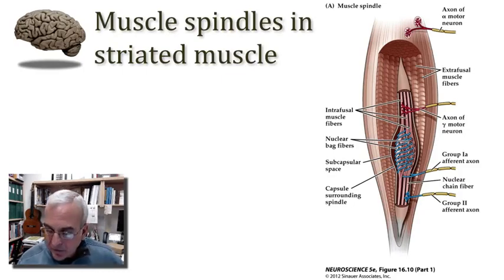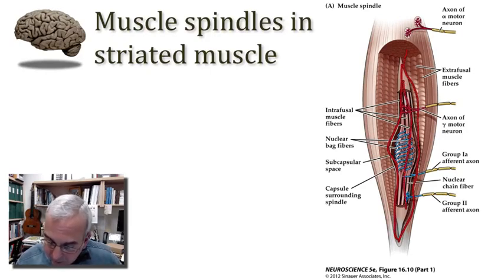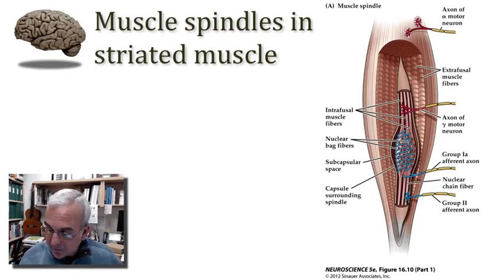So here to the right on the slide, we see our muscle spindle, which is this structure bounded by the capsule. And within that muscle spindle, we see some number of specialized muscle fibers. And those would be our intrafusal muscle fibers. And notice that there are a number of axons that are associated with this muscle spindle.